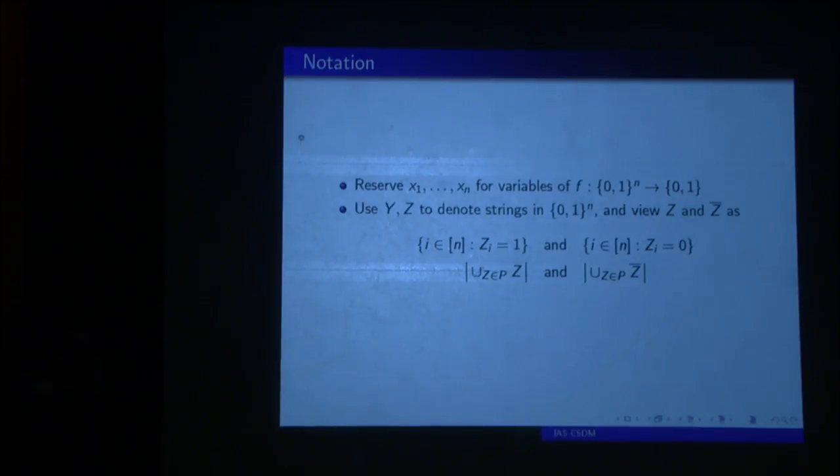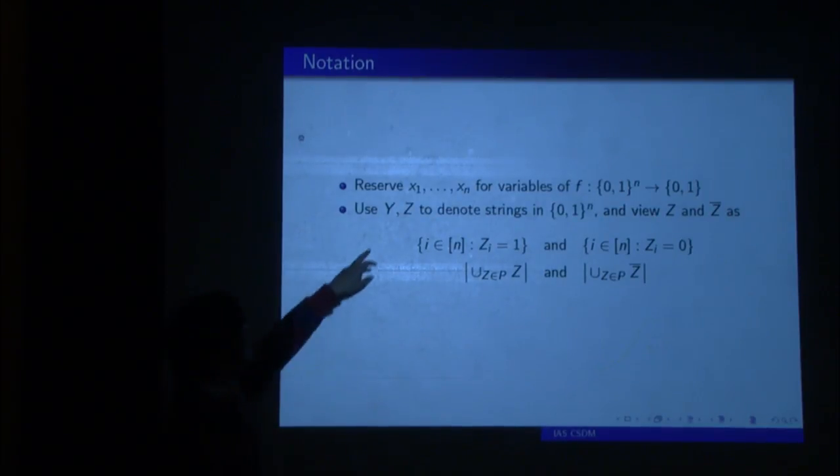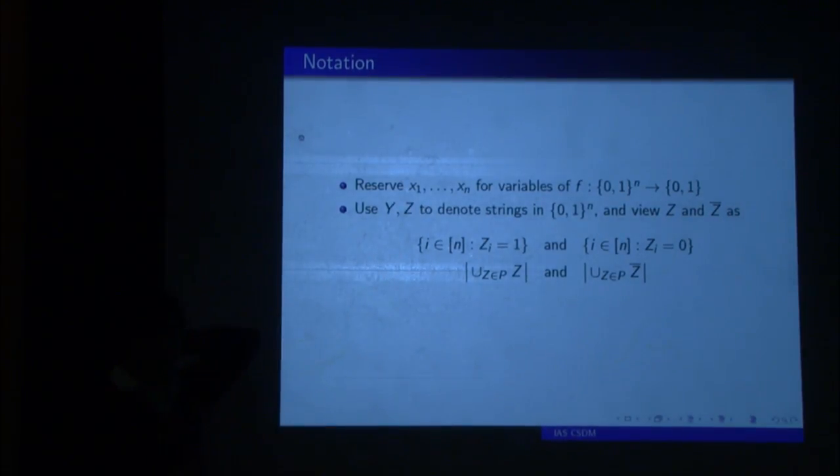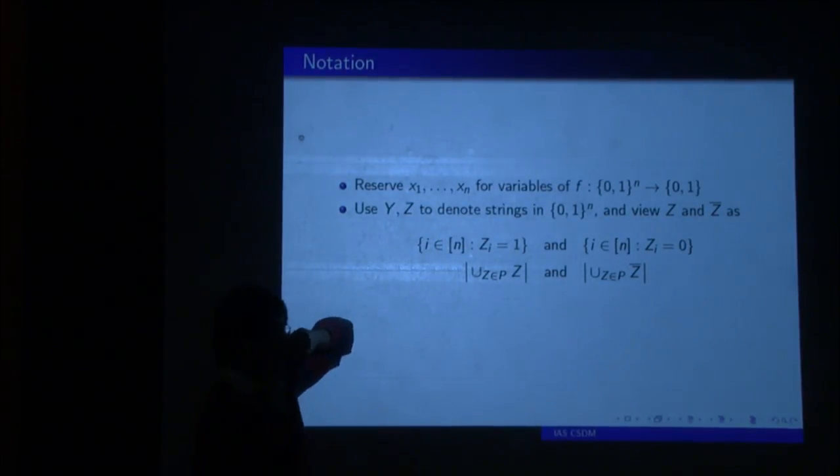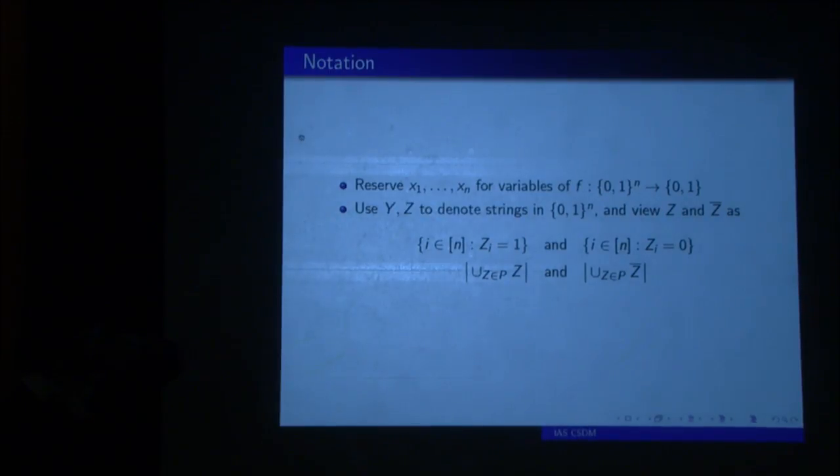So just some notation. This is not really standard, so I'll mention it here. I'll reserve the little x1 through little xn for variables. These are variables that I'll use when I describe these functions. And I will use capital X letters, mostly capital Z, as a string in the hypercube.